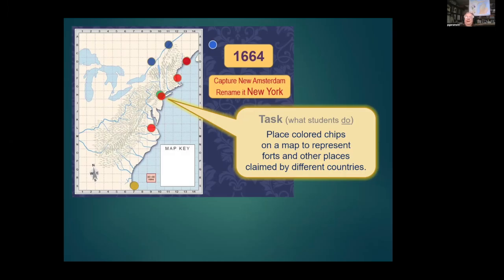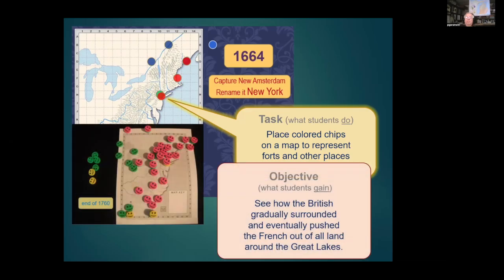And I happened to put up 1664. That's when New Amsterdam, a Dutch colony, was captured by the British and renamed New York. And what they are learning is a quick way to review a lot of the other things that happened. And what they see is how the British gradually surrounded and eventually pushed the French out of all the land around the Great Lakes.